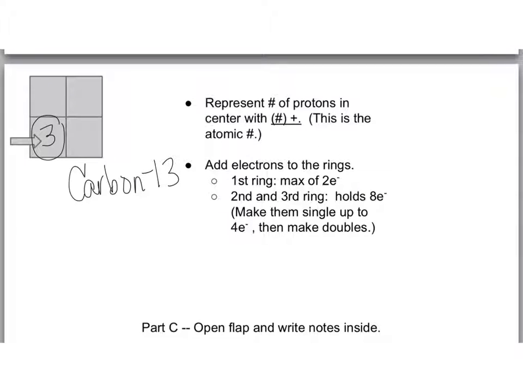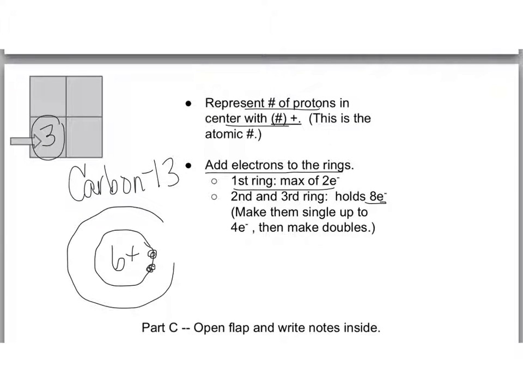We've got our number of protons in the center with a plus because we said protons are positive, and we said there were 6 of them, so I'm going to write 6 plus. The next step is to add electrons to the rings. The first ring can hold 2 electrons. And then the second and third ring can go up to 8. And we don't need all 8 because we have to just get to 6.